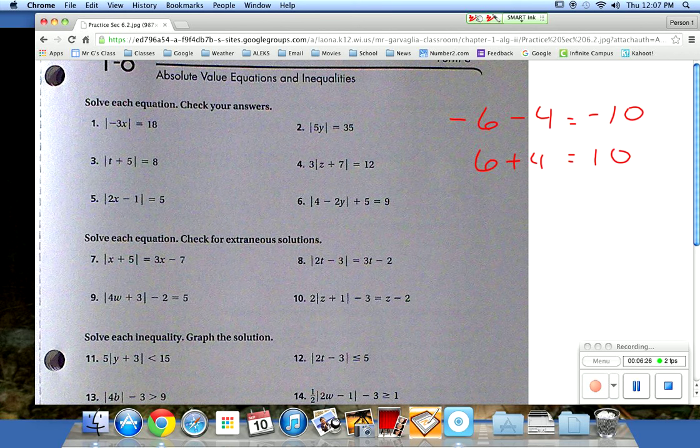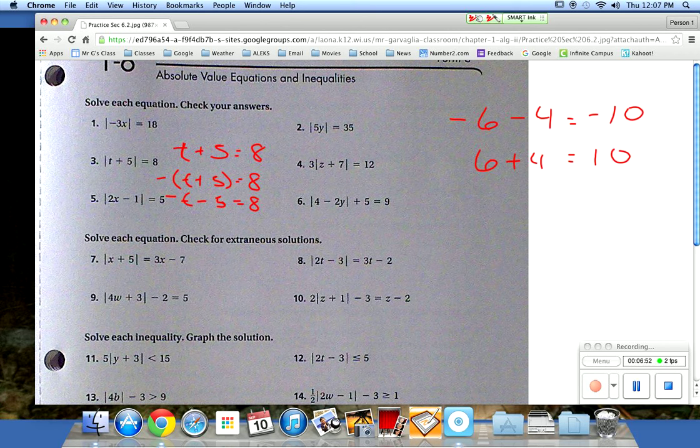Take a look at this. I'm going to set this to t plus 5 equals 8. And I'm going to take it and put a negative out in front of this, equals 8. Plus and minus. So this really comes out to what? Minus t minus 5 equals 8.